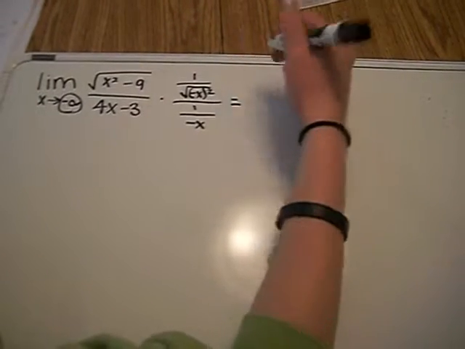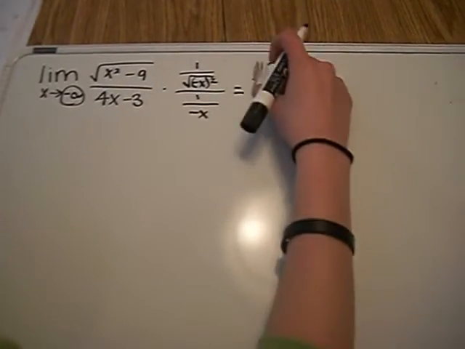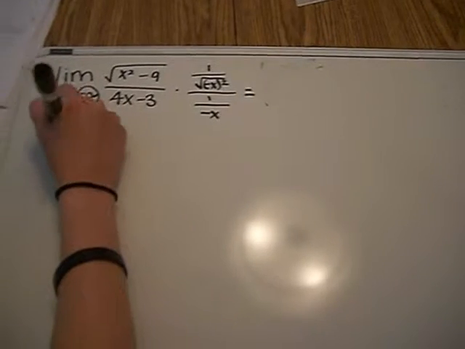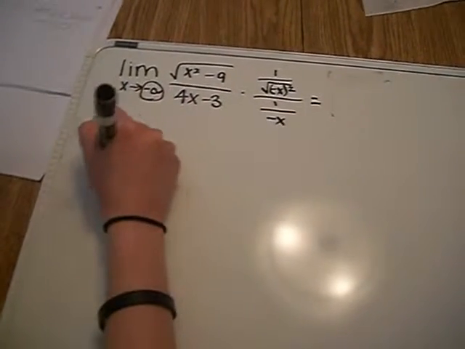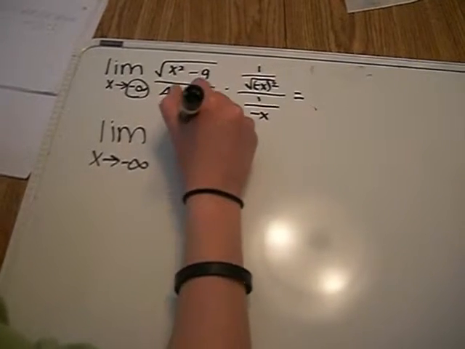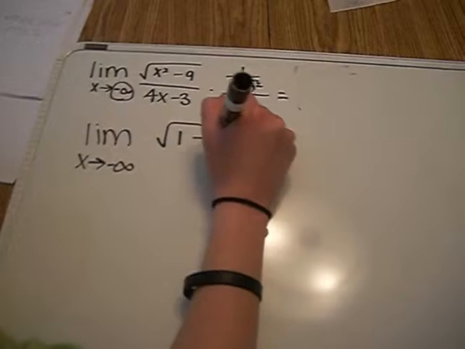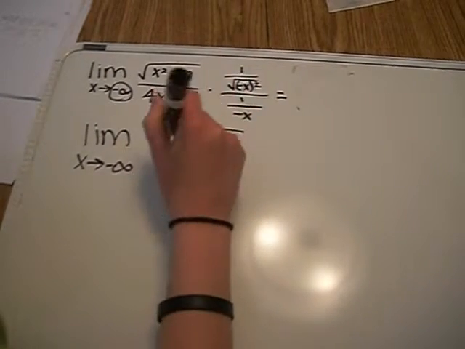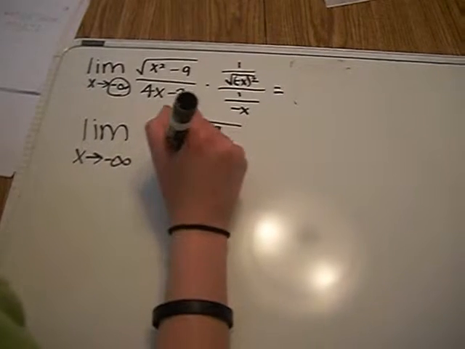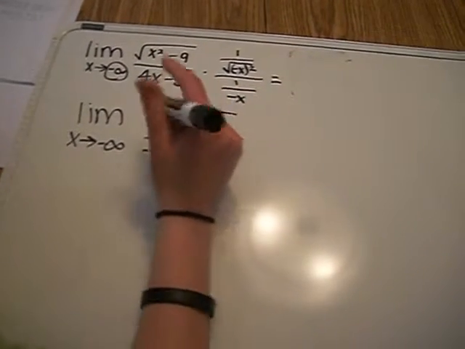When I do that, then that equals the limit as x approaches negative infinity of the square root of 1 minus 9 over x squared over negative 4 minus 3 over x.